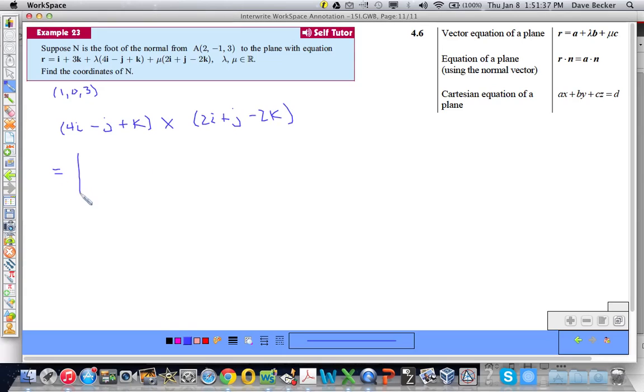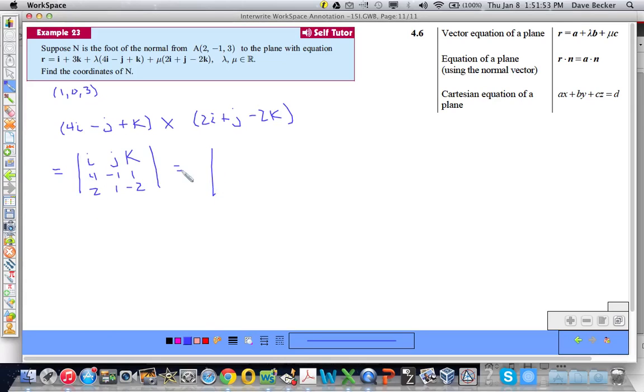That's going to be i, j, k, 4, -1, 1, 2, 1, -2, and the cross product is going to look like this.